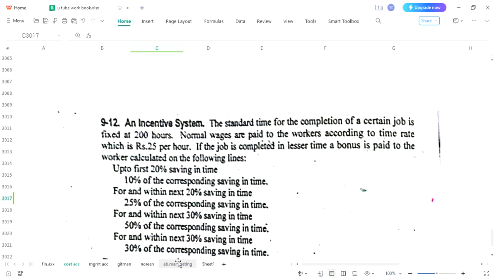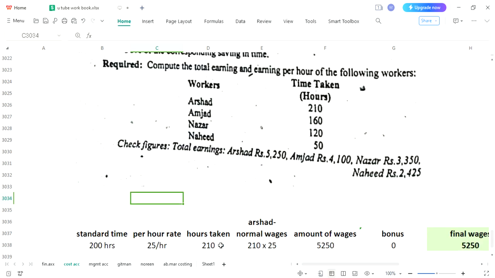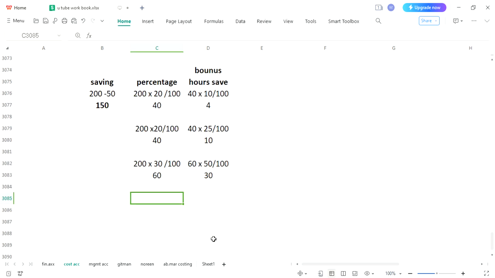No matter whatever percentage is given for the last step, this is your last step, within the next 30%. We will not calculate 30% because only 10 hours are left. So instead of calculation, you will just put 10 hours.